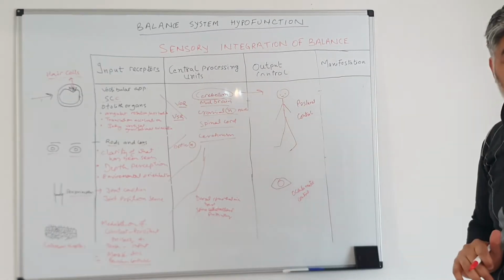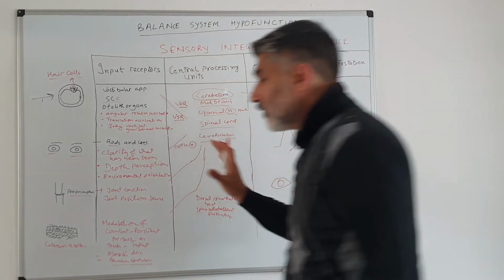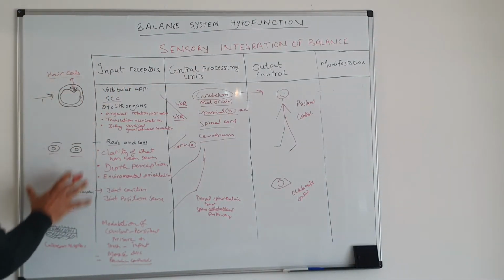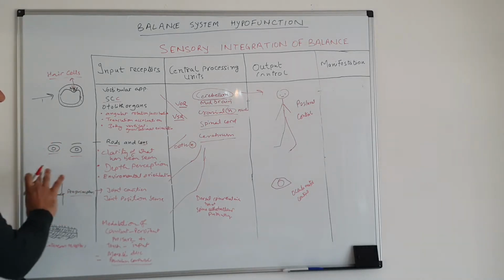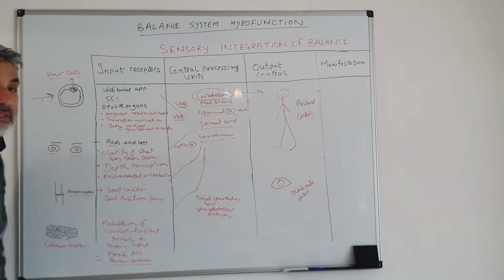quality postural control and a quality oculomotor control. So for example, if one of these receptors is not working properly, the information received by the central processing unit will be faulty.